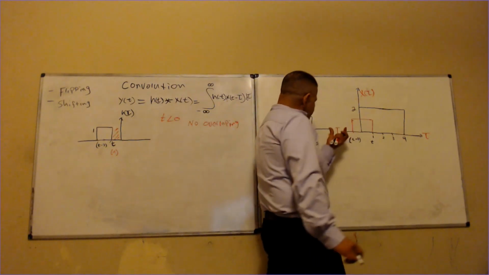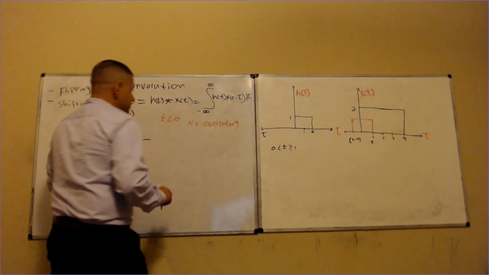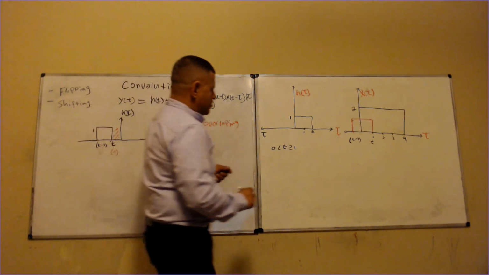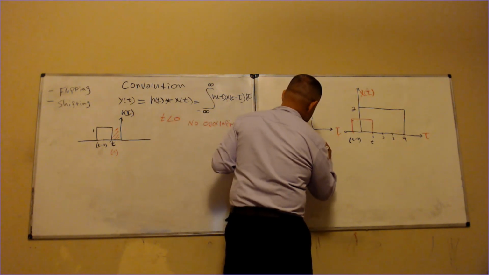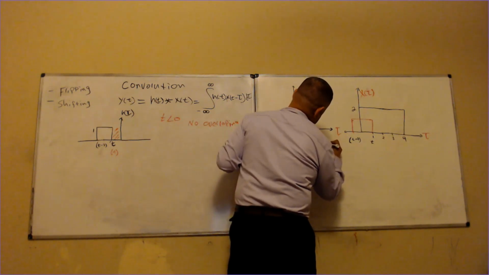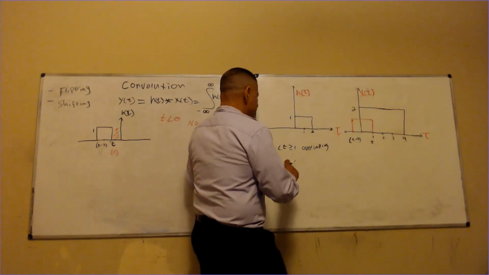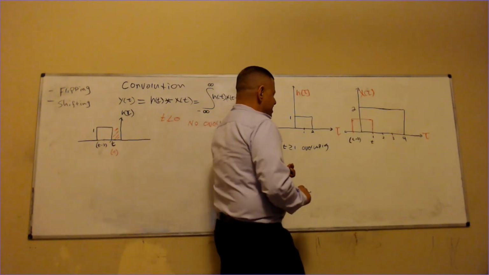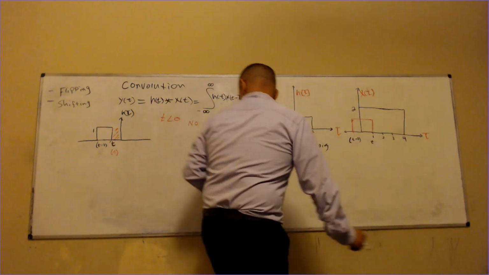So now I am shifting that, and we have an overlapping. At this point, what I can do is the following. I can actually create an integral to calculate that.